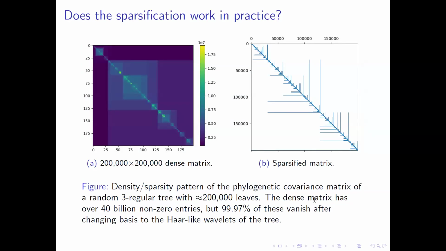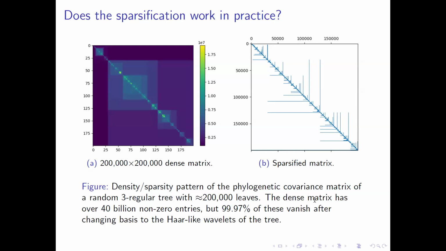It ends up working very well in practice, most often a noticeable degree better than what the bound would guarantee. So here is a 3 regular tree with about 200,000 leaves and about 40 billion entries in the corresponding matrix, and it's essentially fully dense.